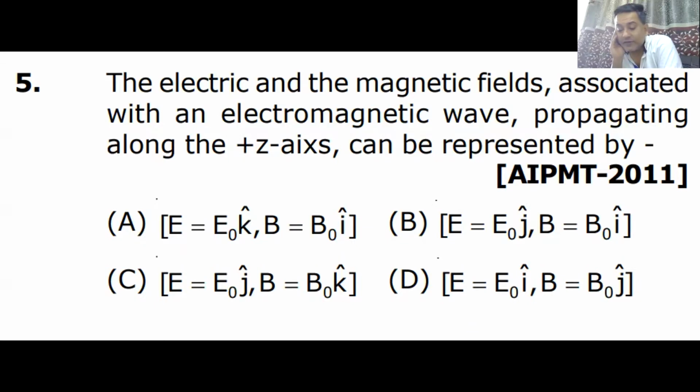The electric and magnetic field associated with an electromagnetic wave propagating along plus z axis can be represented by, it is along z-axis, so electric and magnetic field must be along x and y.